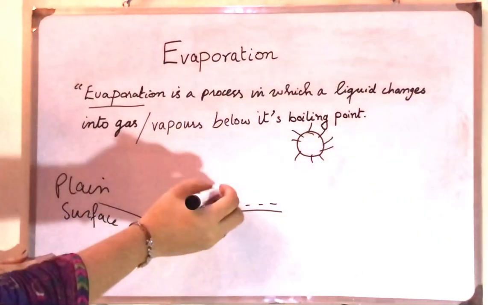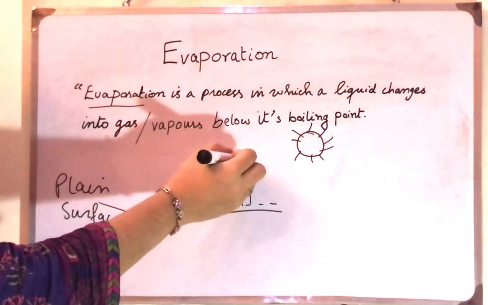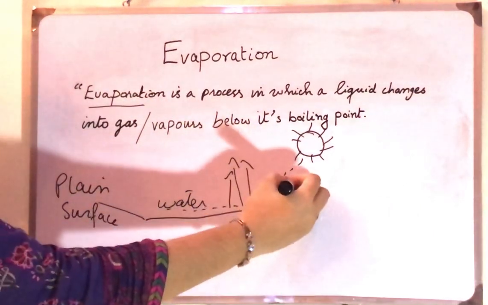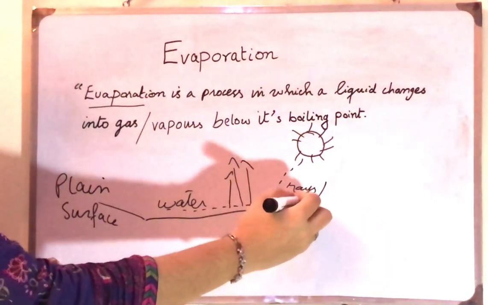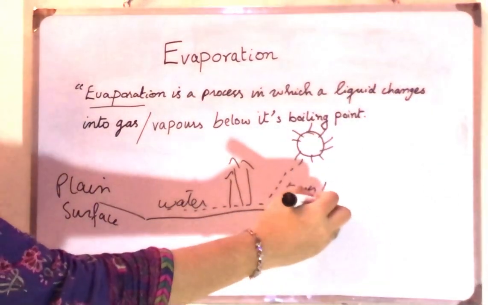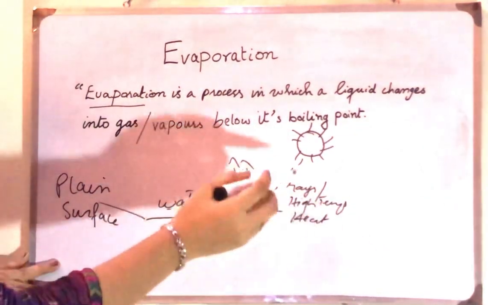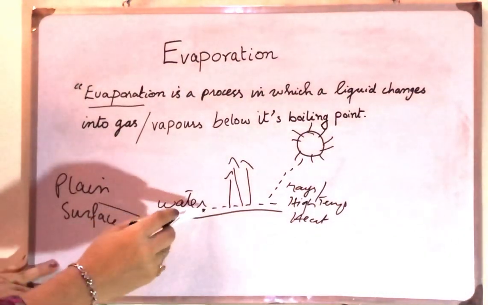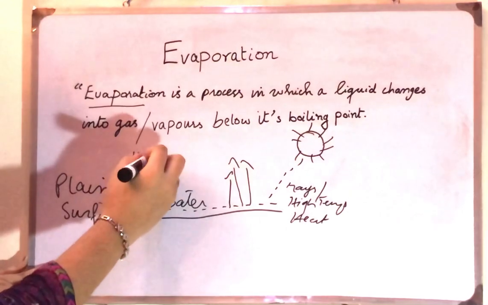And what starts to happen is that this water rises up in the form of vapors because of the rays of the sun falling on it, the high temperature, the heat. As the rays of the sun reach the plain surface, the water starts to rise up in the form of vapors.